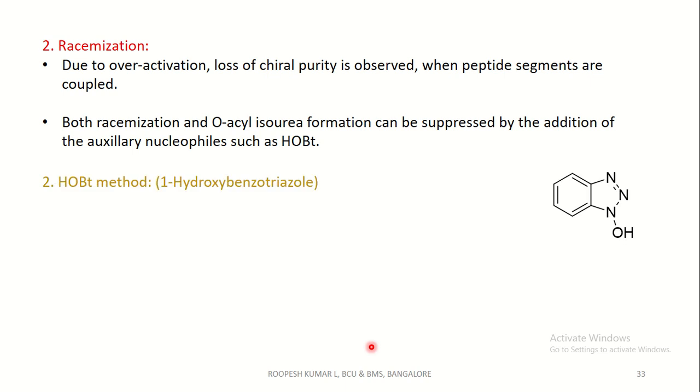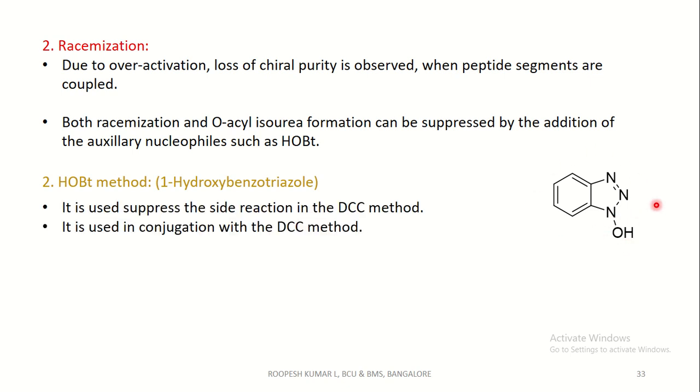And coming to the second method, HOBT. As I said, HOBT is 1-hydroxy benzotriazole. This is the first position, 1-hydroxy benzotriazole. It is used to suppress the side reactions which occur in the DCC method, and it is used in conjunction with the DCC method.